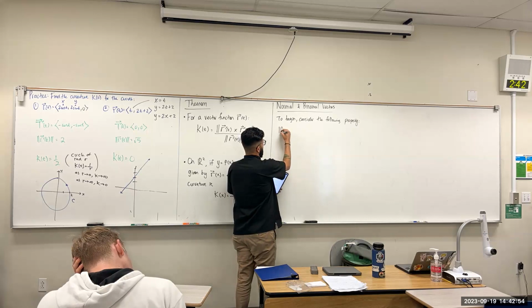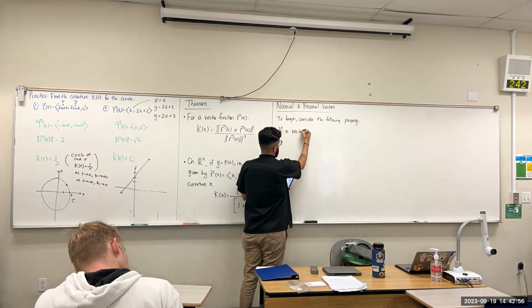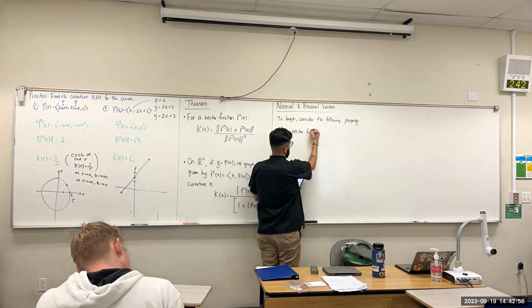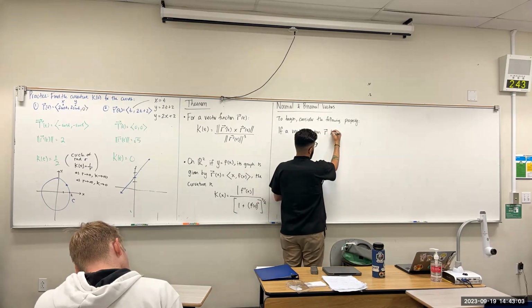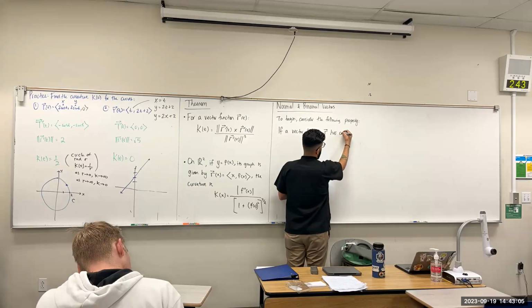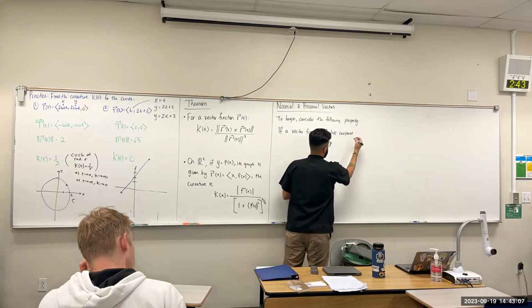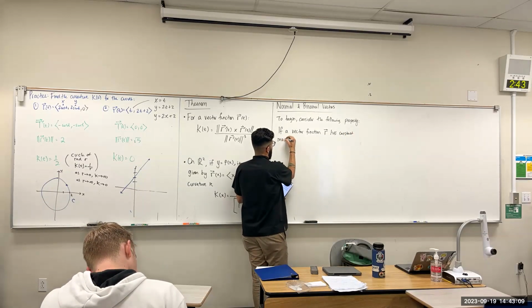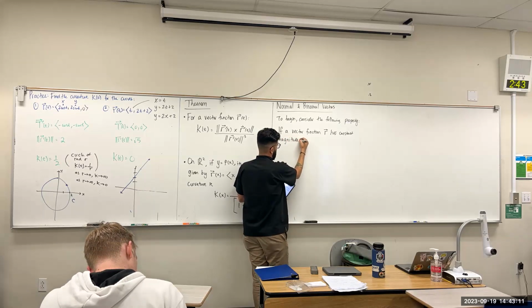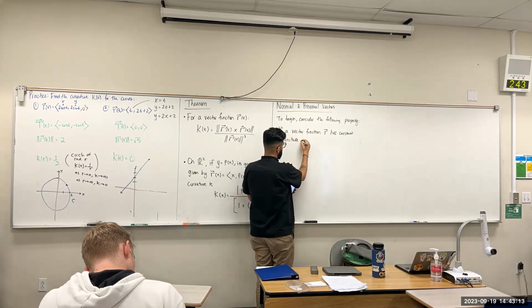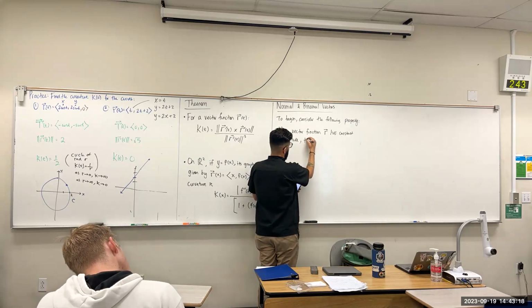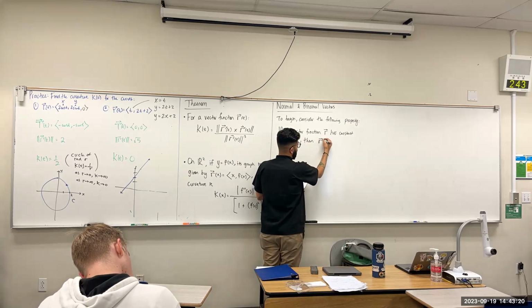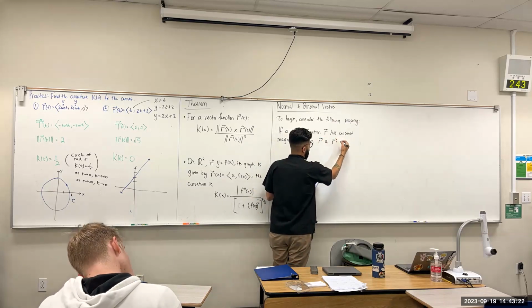Okay, so here's a property that we're going to use. It says, if a vector function R has constant magnitude, then R and its derivative are orthogonal.